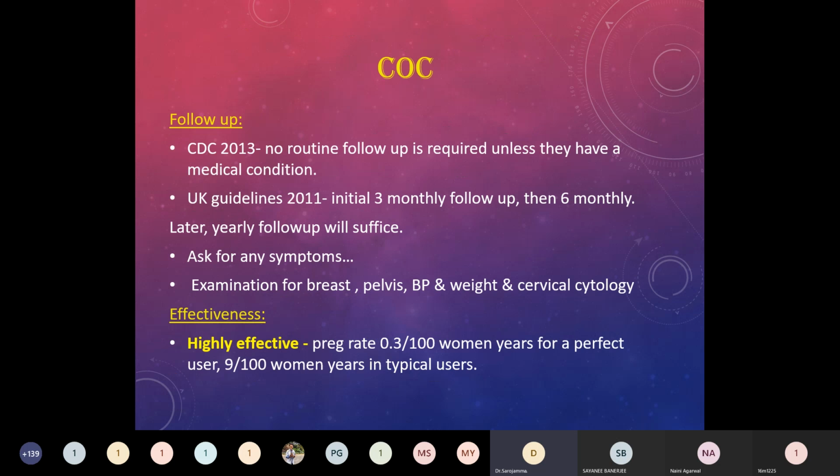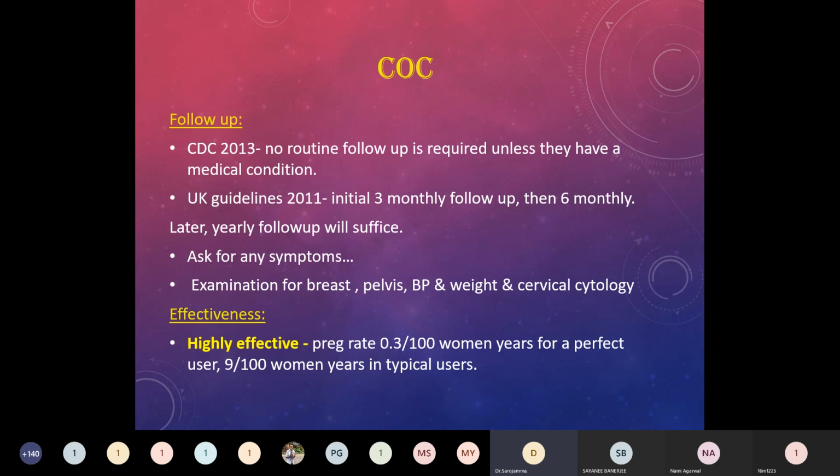And the follow-up, how to follow up the woman on combined contraceptive pills. After 3 months, we have to call them to inquire about the adjustment to the dosage, whether there are any major or minor side effect symptoms, and to check their BP and weight, to look at the breast for any development of breast masses, and to take a cervical cytology.